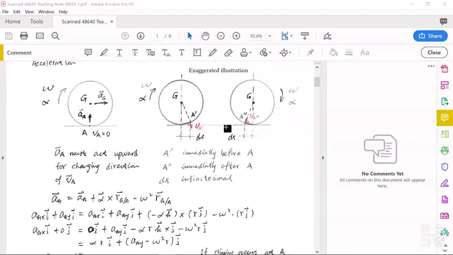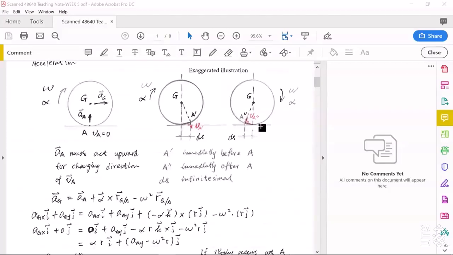Okay, now what can we get from this analysis? This analysis can tell us the x component of acceleration at point A must be 0, because the magnitude of VA prime is equal to the magnitude of VA double prime.